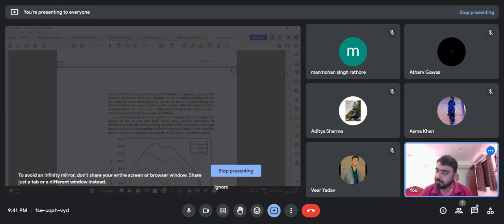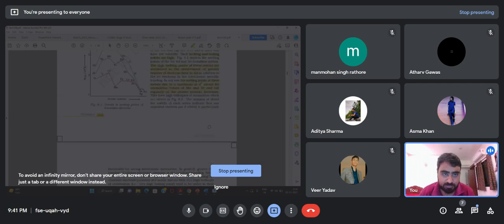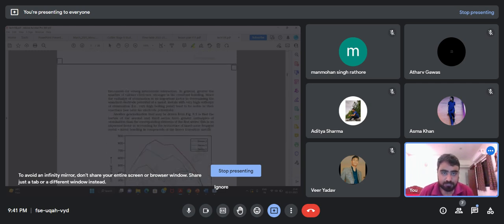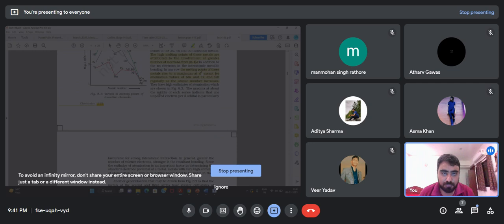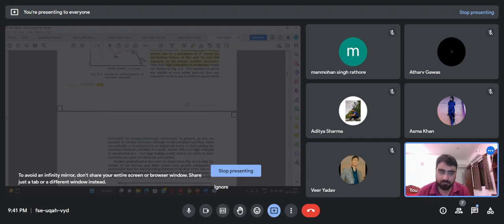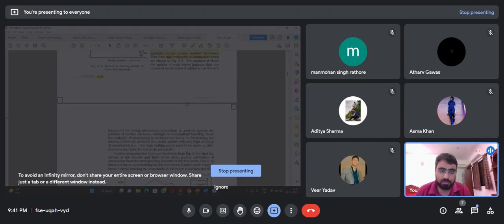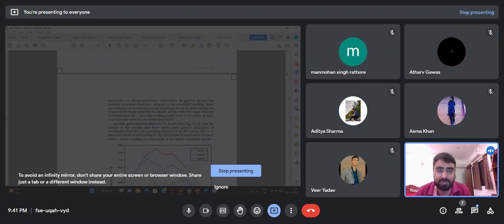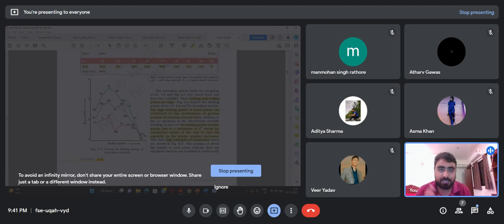Further moving, we will learn about the enthalpy of atomization. You need to keep in mind that the enthalpy of atomization follows the same concept as melting and boiling point.